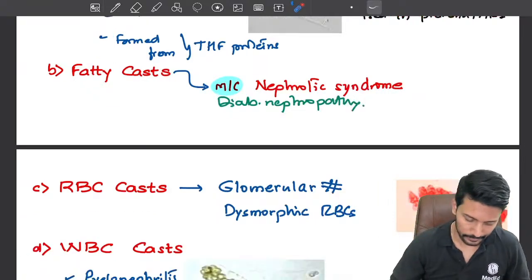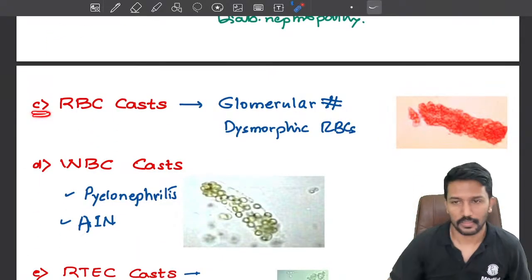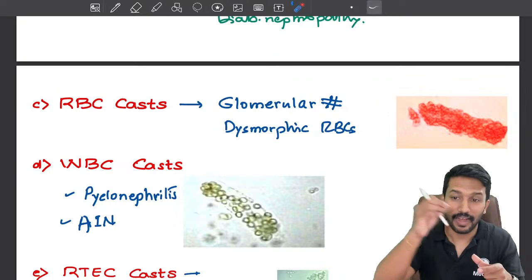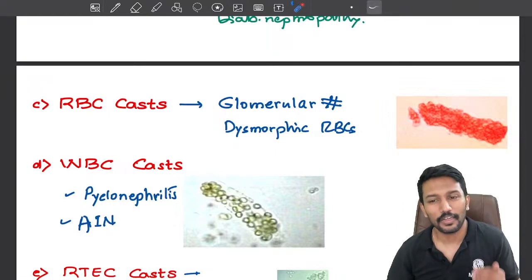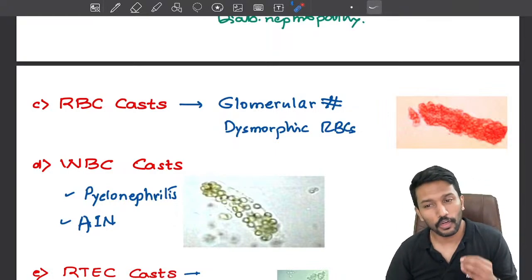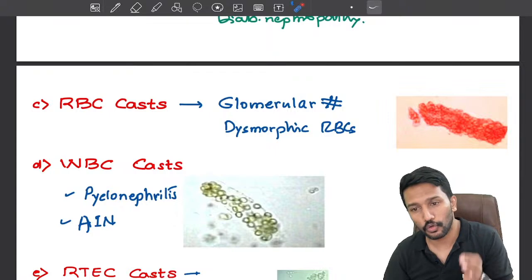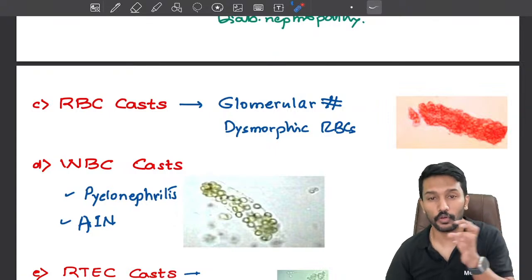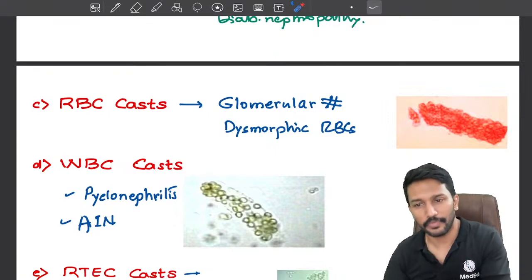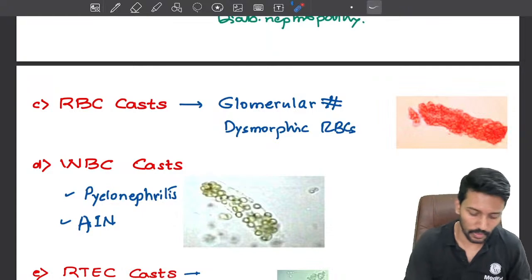Okay. Third, RBC cast. So basically a hyaline cast in which RBCs are loaded. In a normal condition, glomerular filtration does not include RBCs. Whatever filtration happens contains proteins, solutes and water, but not RBCs. But if there is glomerular injury, RBCs will also be filtered and they will be impregnated onto the cast, giving you an RBC cast.